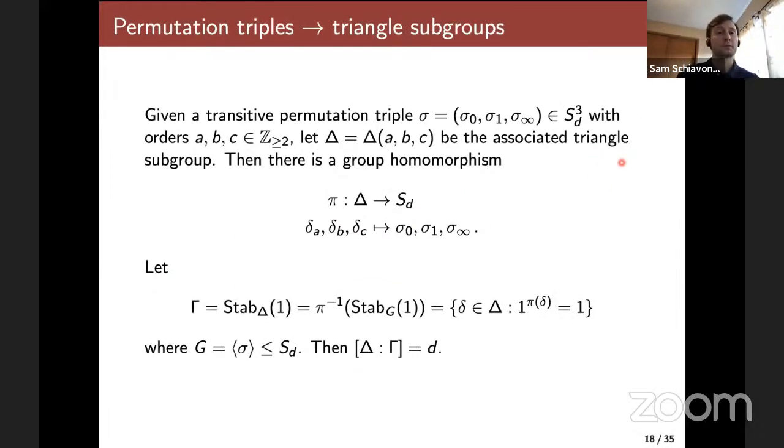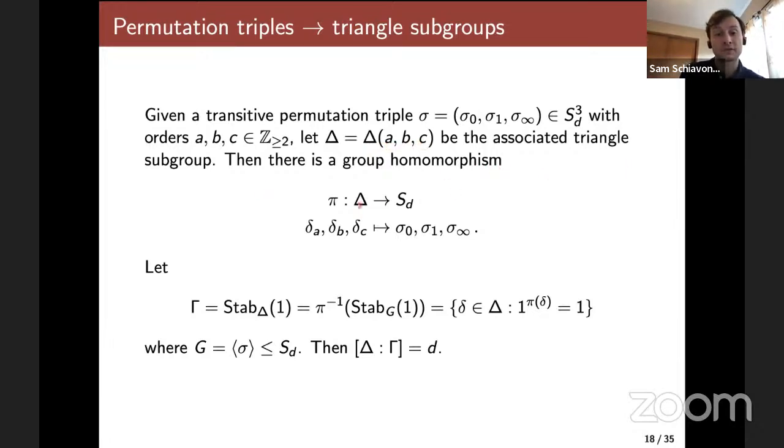All right, now let's go from permutation triples to triangle subgroups. Given a transitive permutation triple sigma, consisting of sigma_0, sigma_1, and sigma_infinity, with respective orders a, b, and c that are at least 2, let Delta be the associated triangle group Delta(a,b,c).